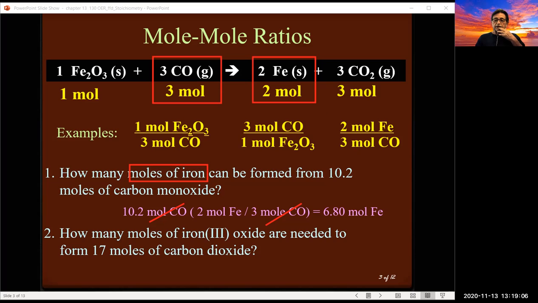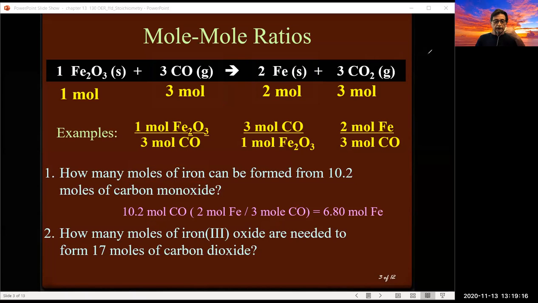Okay, now let's take a look at the next one. The next one says, how many moles of iron(III) oxide are needed to form 17 moles of carbon dioxide. So we are dealing with iron(III) oxide and we are dealing with carbon dioxide.